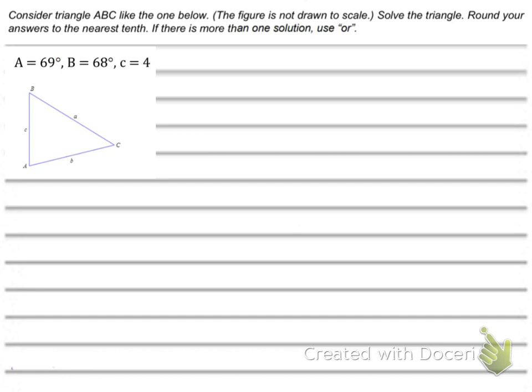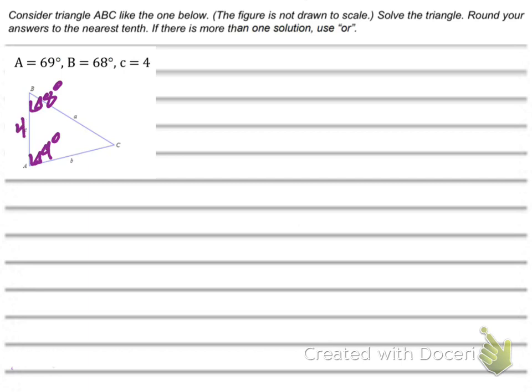So first thing I'm going to do here is put my information on my triangle. So they tell me that angle B is 68 degrees, angle A is 69 degrees, and side C is 4.